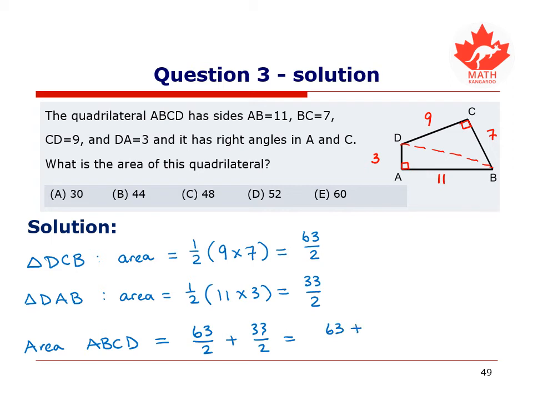So we'll add the numerators together over their common denominator. So we end up with 96 divided by 2, which gives us 48. So the answer then to this problem is C, 48.